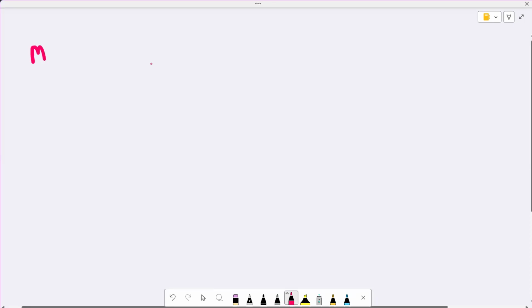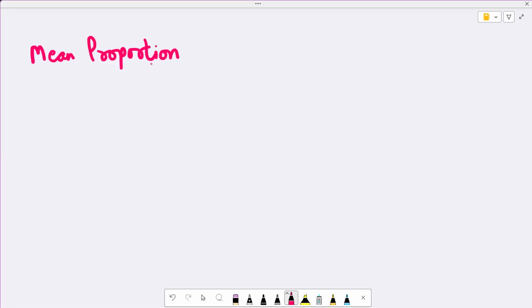Now, the first is mean proportion. So what does mean proportion mean? As we're talking about this term mean, it basically means that when we are given a ratio, that is A ratio B, we need to find such a number.